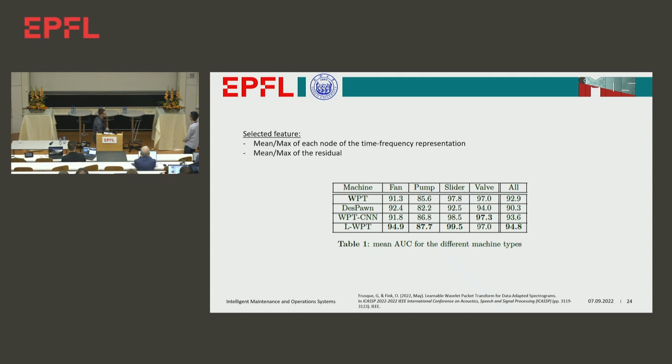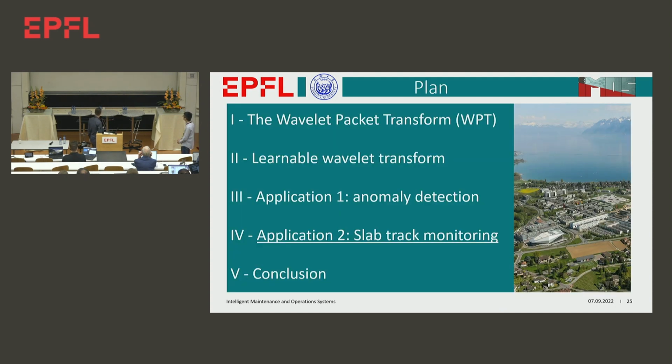We take the mean and the max of each node, and also the mean and the max of the residual, because we can see the system as an autoencoder, so we can also consider the difference in the residual for the anomaly detection. Then we compare to similar methods, and in this case, the learnable wavelet packet transform has the best performance. OK, so now for the second application, I will give the talk to Baorui.